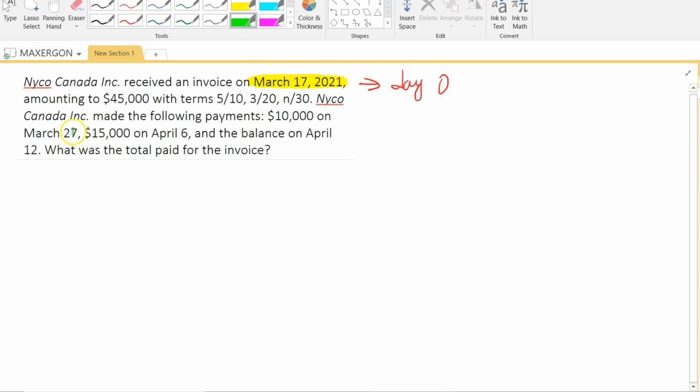Another important date here is March 27, when the first partial payment of $10,000 was made, and March 27 appears to be day 10, starting from the invoice date, which is day 0. Next important day is April 6, and this date is day 20.